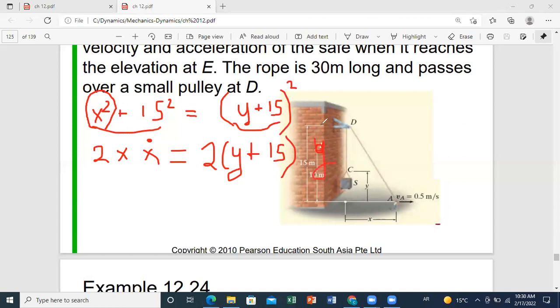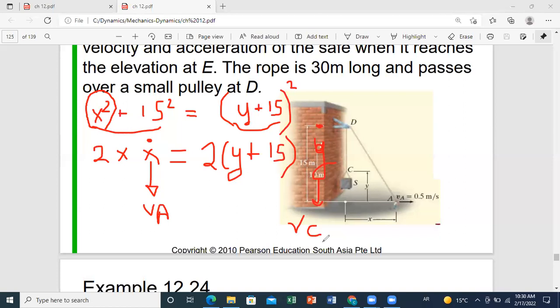Now, x dot represents what? x dot represents the velocity of A, and y dot represents the velocity of C. So in this way, I was able to relate the velocity of A to the velocity of C.